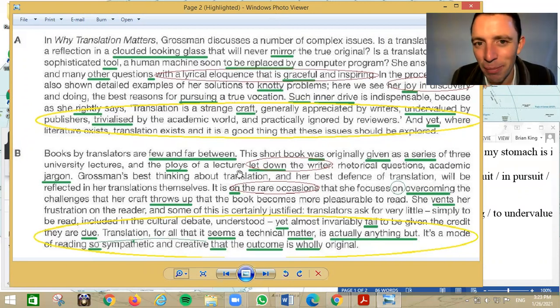Now let's look at the second paragraph, just to explain again the vocabulary. This expression, few and far between, a very common, comfortable expression for conversation. Few is poco, and far is lejos, and between is entre. Pero juntos, few and far between, represents that it's very difficult to get or very difficult to obtain something.